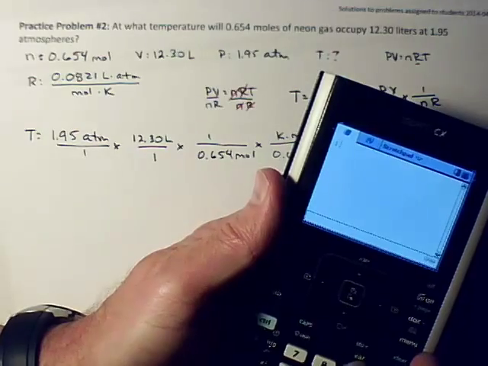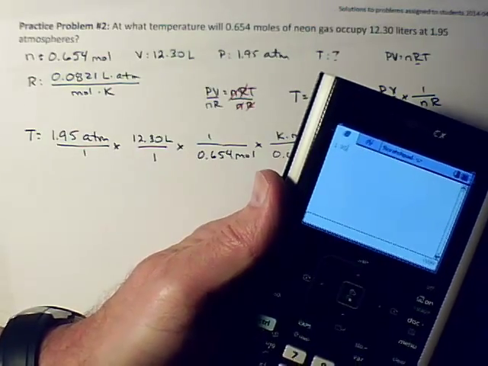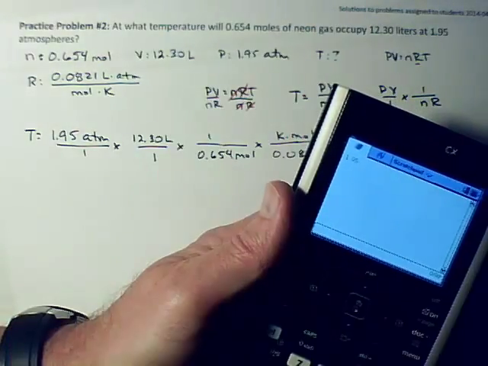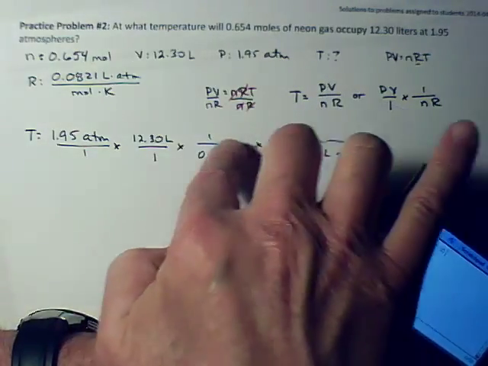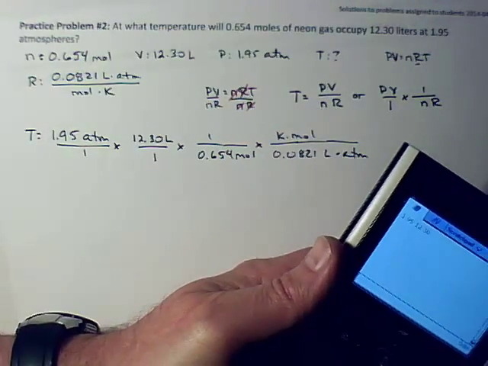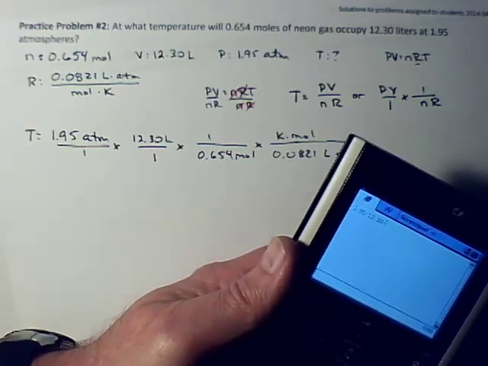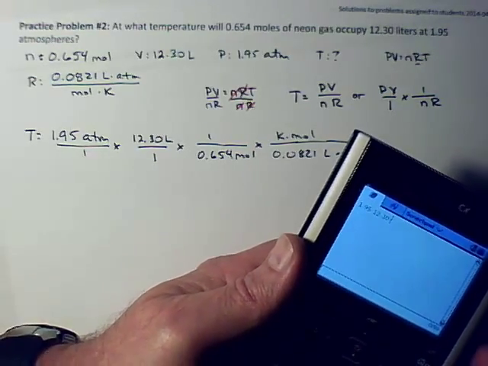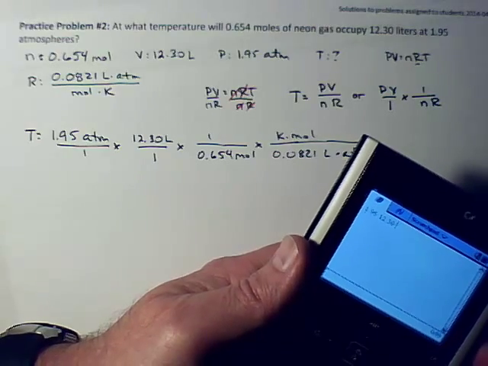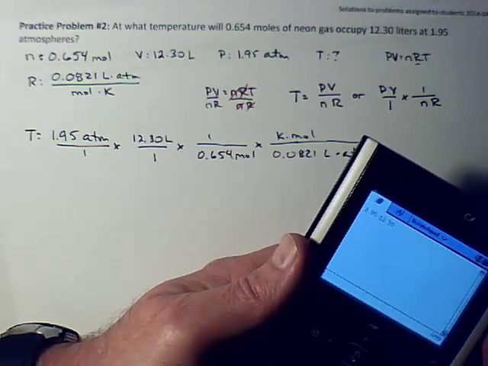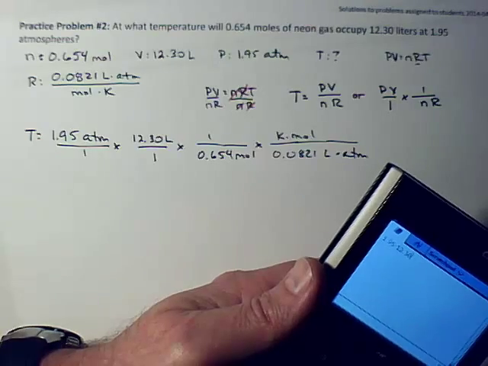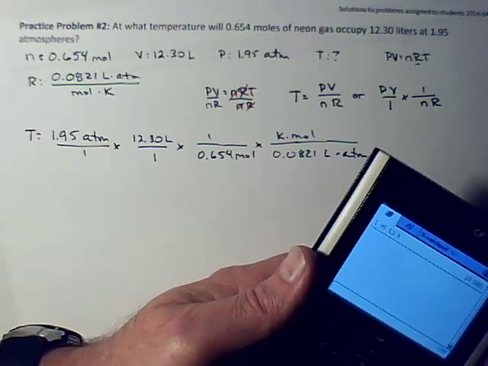So 1.95 times 12.30. These two things are just ones. We don't have to worry about that, but we're going to divide, hit enter. And this is the system I've taught you because it works on every calculator. You can do it on some calculators a little bit easier maybe. I think this is pretty easy personally, but I know this works on every calculator.